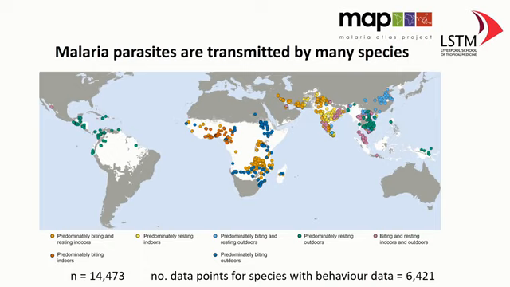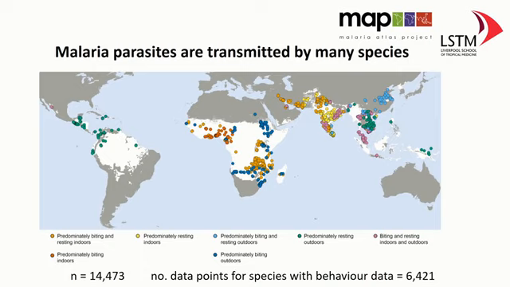But it's important to note that this isn't a map of where these behaviours occur. This is a map of where we have bioassay data that is linked to species data for which we have behaviour data. So the number of data points that we have now has dropped down to just over 6,000 from over 4,000. But it is still an important factor to consider.